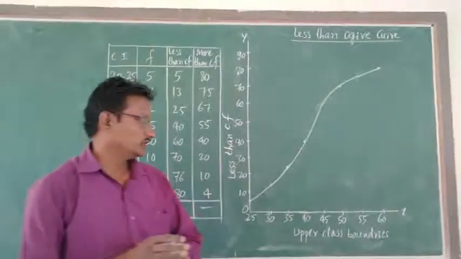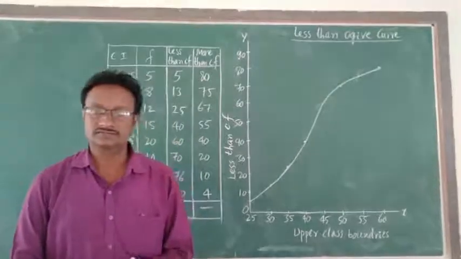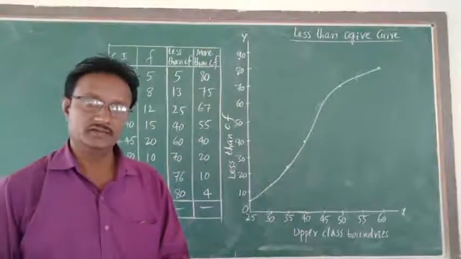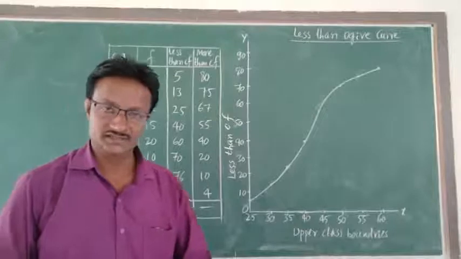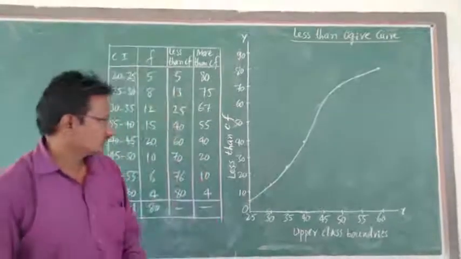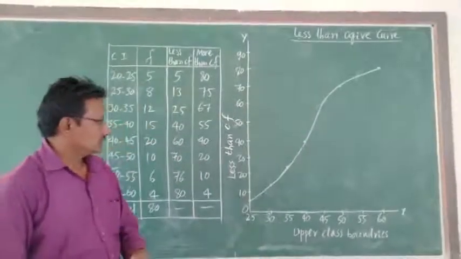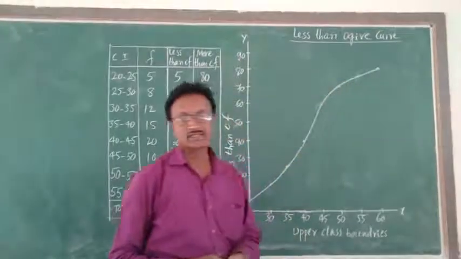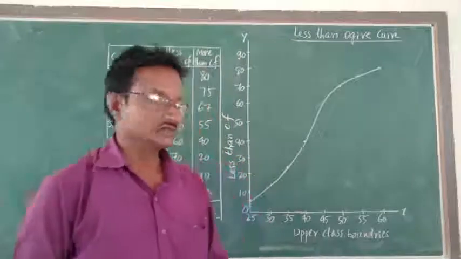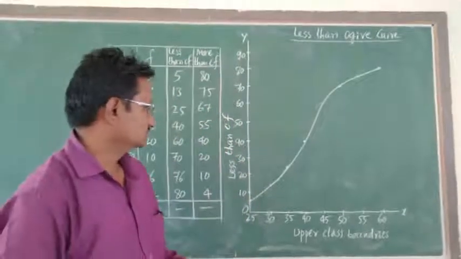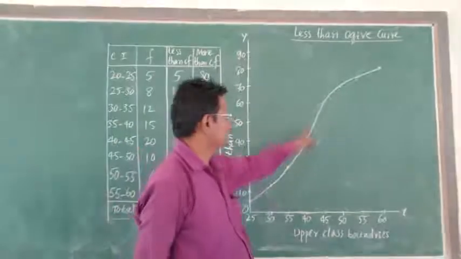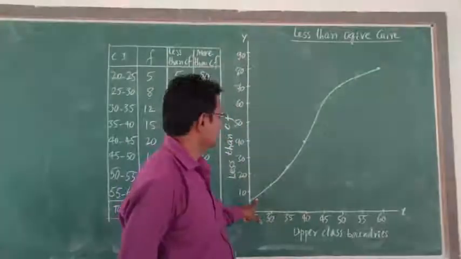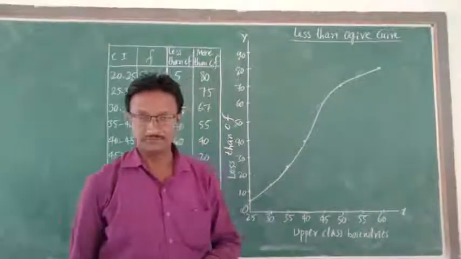And less than and more than ogive curves are constructed also to find median, quartiles, deciles, etc. Observe, it is an increasing curve. So always less than ogive curve is in increasing order, so it is called increasing curve.